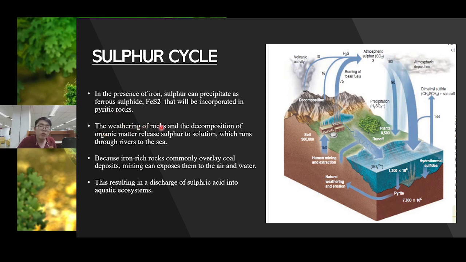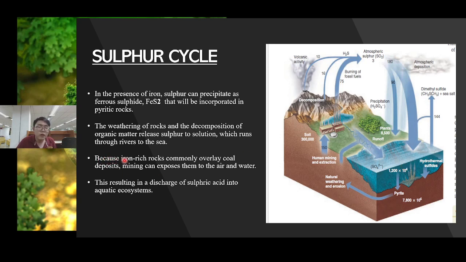And then the weathering of rock and the decomposition of organic matter will release sulfur to the solution, which runs through the river to the sea. So if the rock is weathered or there is some decomposition of the rock, it will release the sulfur into the solution, and then to the sea.